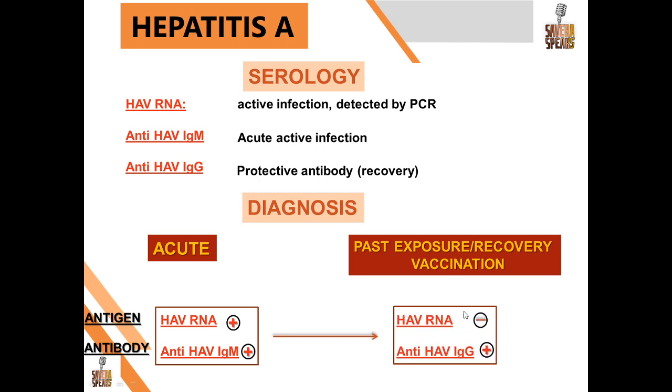The HAV RNA will be negative because the patient is not infected at that time, and anti-HAV IgG will be positive, and this IgG is suggesting recovery here or the vaccination. This IgG remains in blood for some decades, and after some decades it usually fades off, and for the decades it gives us immunity, and up till then, HAV virus cannot infect an individual again.